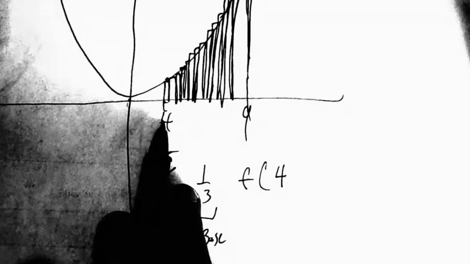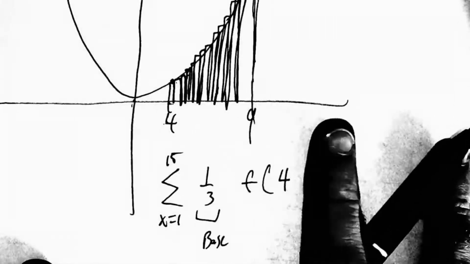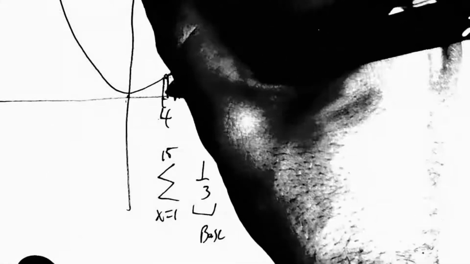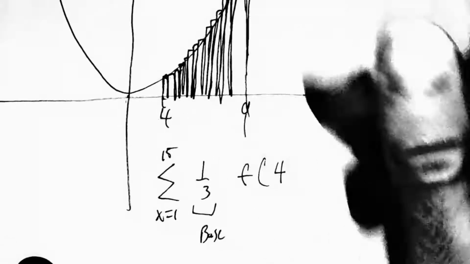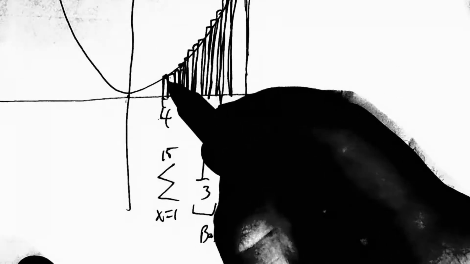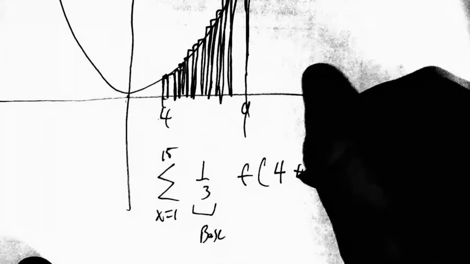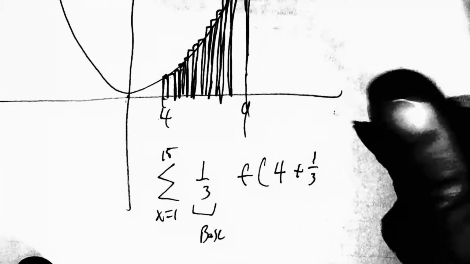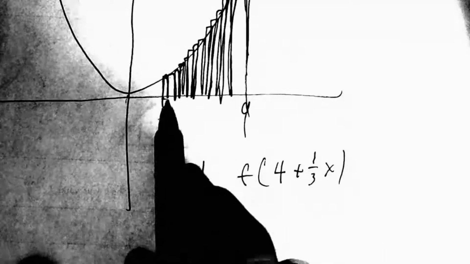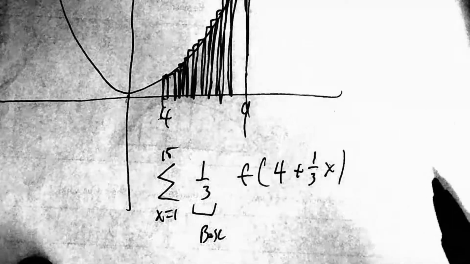If I wanted f of 4, it would just be f of 4, right? But the thing is, because it's right-sided, I don't want f of 4. I want f of 4 1/3. So you say plus 1/3. And then x, because I'm going to keep going by 1/3 every single time.